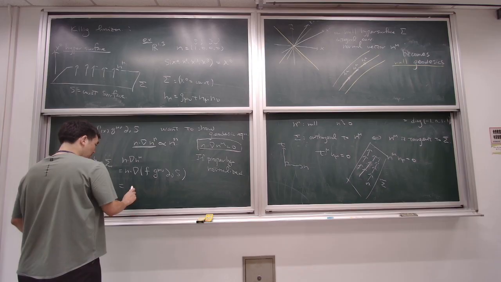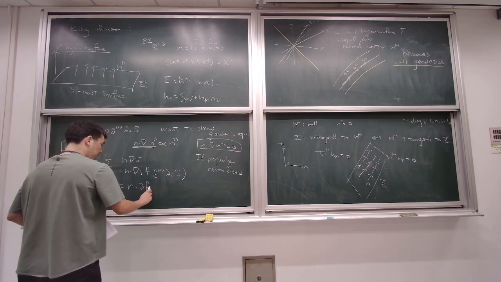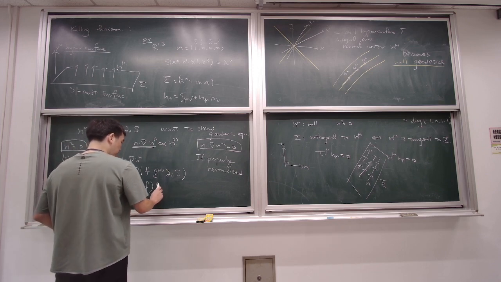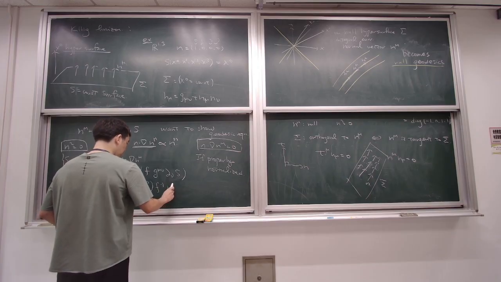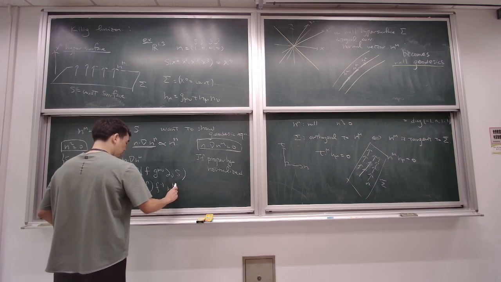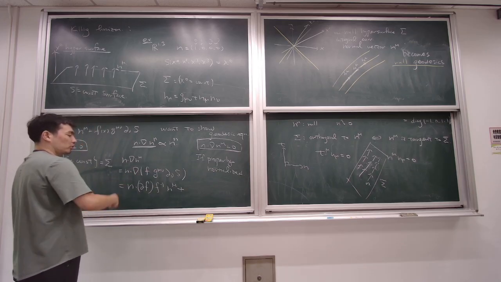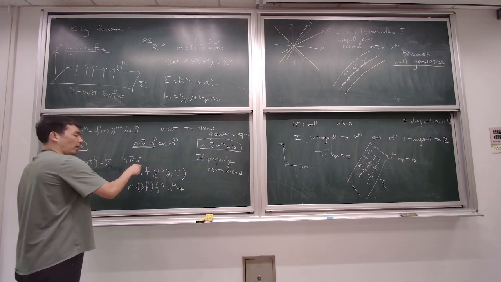So this means n dot del f is equal to f inverse n mu, plus del acting on g is trivial, it's just 0, so del can act on only this one.